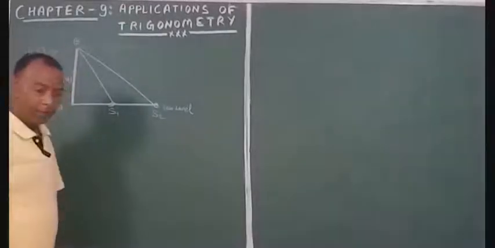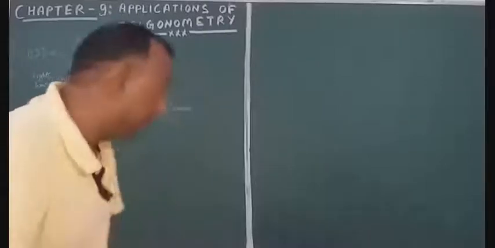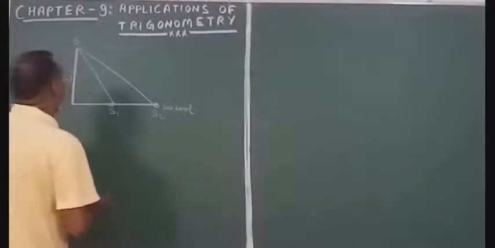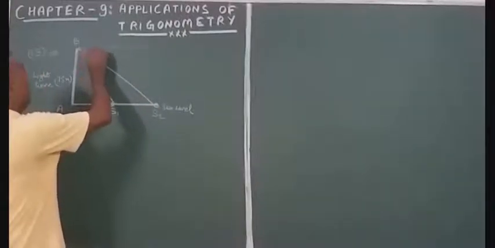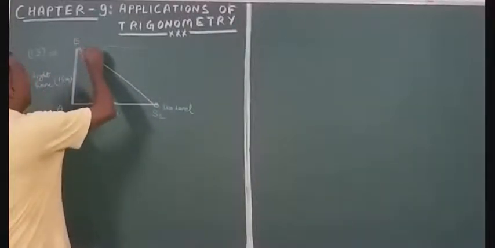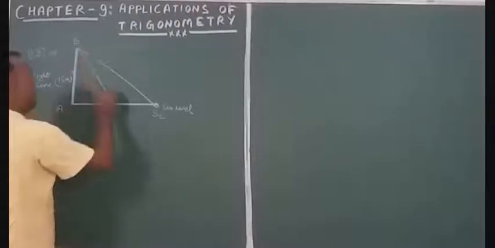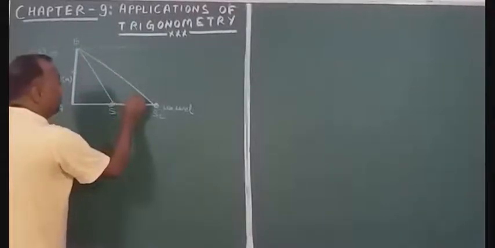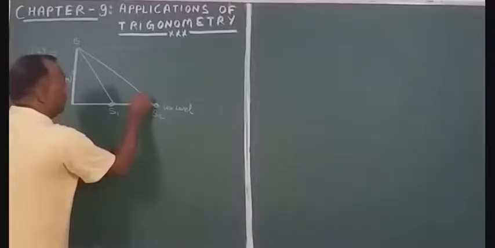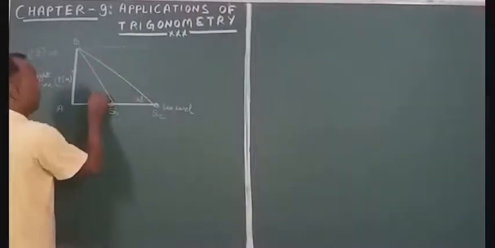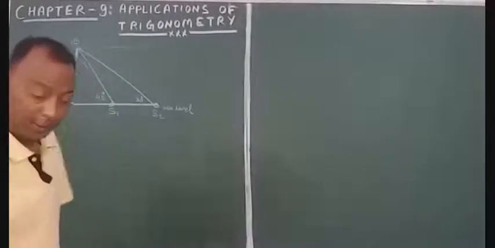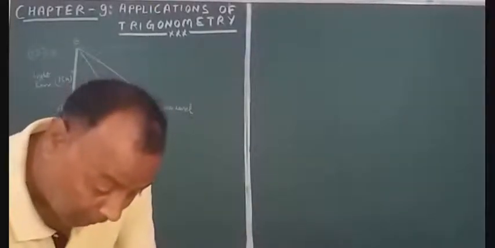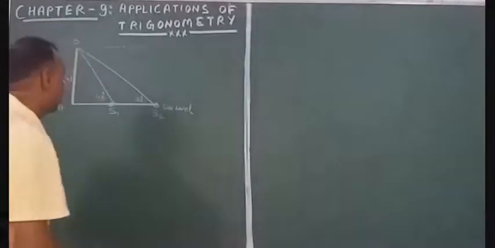The angles are given 30 degree and 45 degree. Then this angle will be 30 degree from here. This angle and this angle will be equal to 30 degree because they are alternate interior angles.